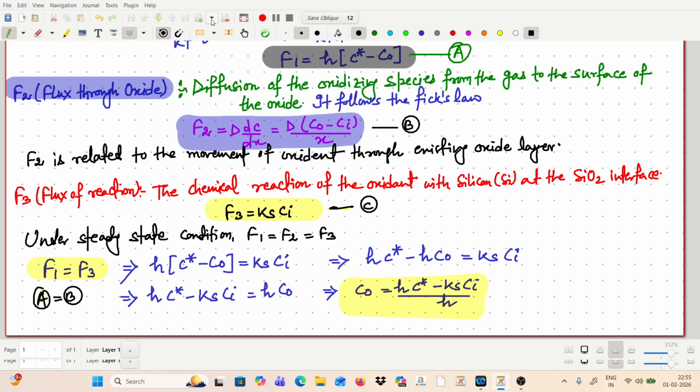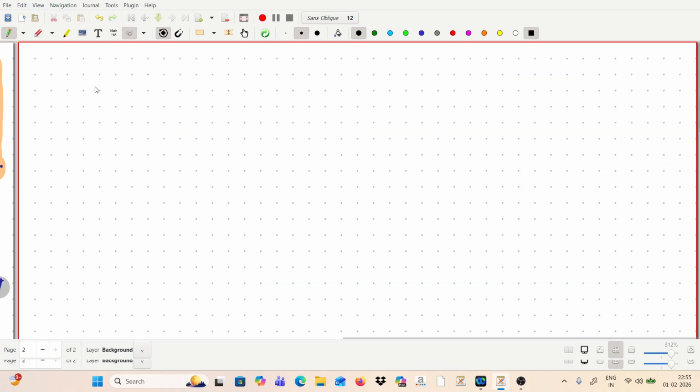Once again I am writing what we have observed. First, F1 is h times (C star minus C naught). F2 is nothing but D times (C naught minus Ci) divided by X, the width of the oxide layer.